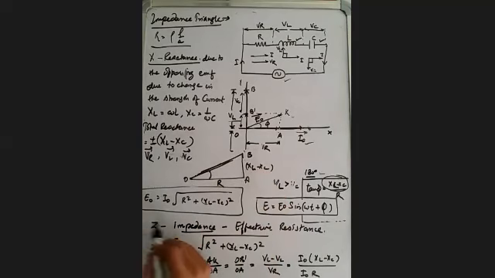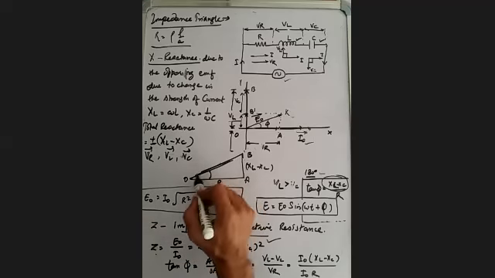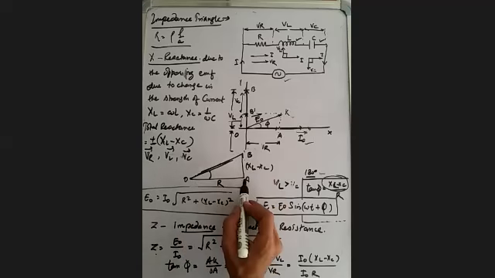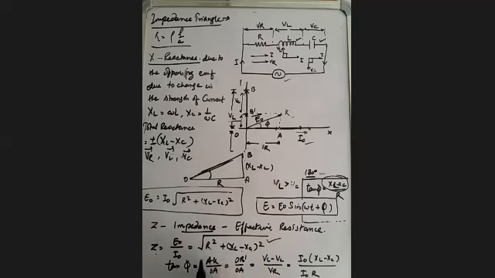We can get the resultant impedance from this triangle, Z, which is given by Z equal to square root of R square plus XL minus XC whole square. So this OB we can find out, the resultant will be square root of OA square plus AB square. So this is how we get the impedance, and phi gives the phase angle.